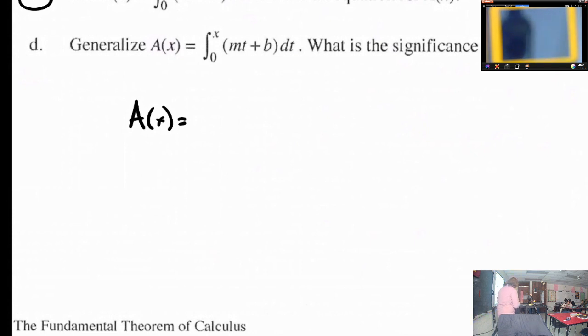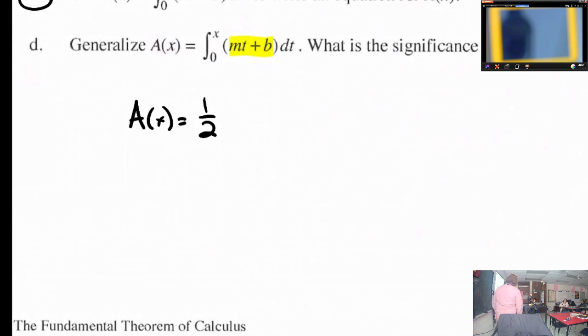If you were to plug in, well, we have a couple things we've got to tackle first of all. I mean, mt plus b, this could be any line. It could be increasing, could be decreasing, any y-intercept, any slope could be represented by mt plus b. I think no matter what shape you have, no matter where you are, you're going to at least be looking at some sort of trapezoid. So let's at least start with that 1/2 piece.